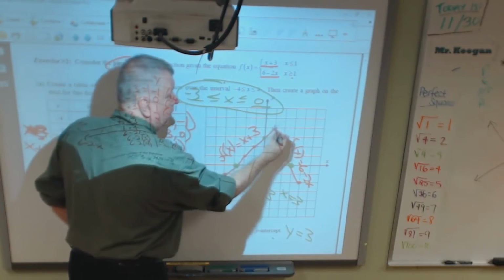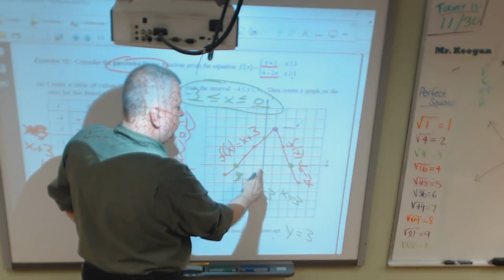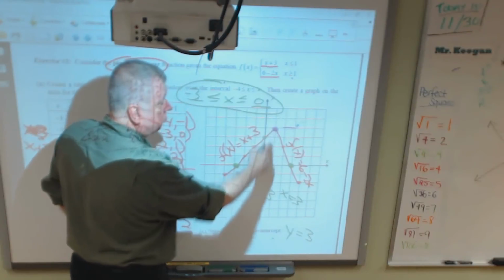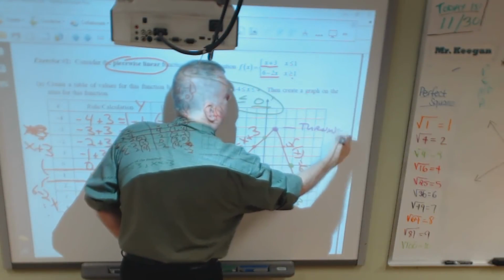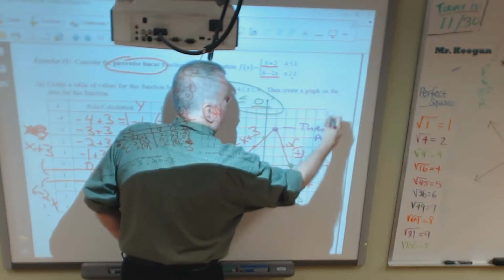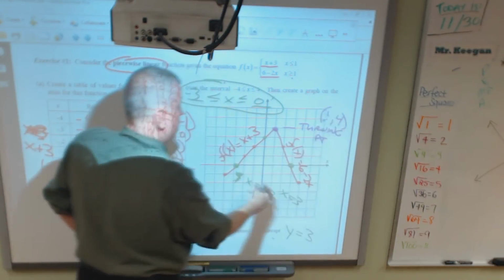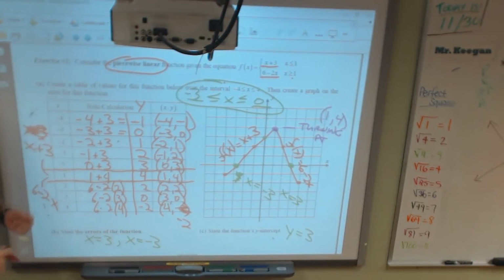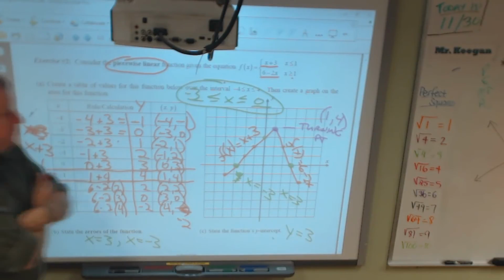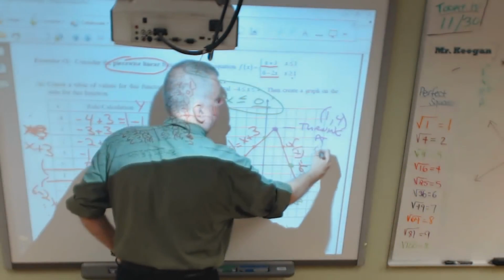It's 1, 4, right? Now, is that a relative maximum or a relative minimum? Maximum. Yeah, it's the high point, so that's a max.